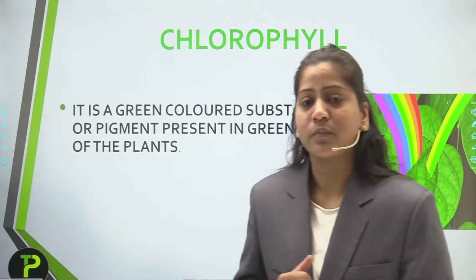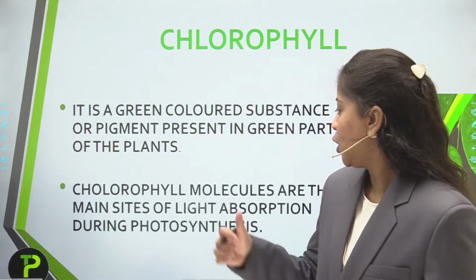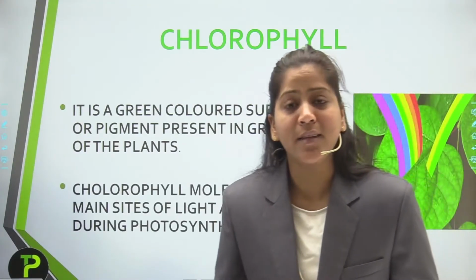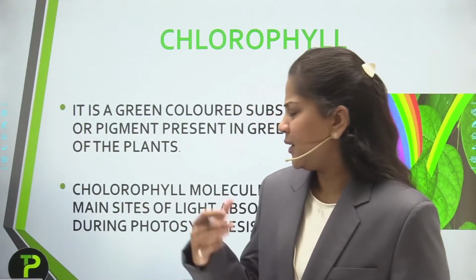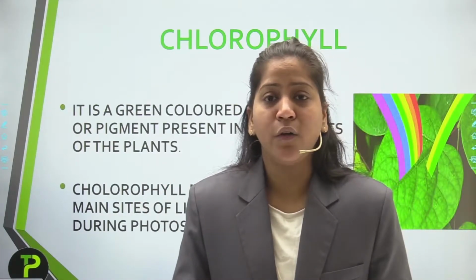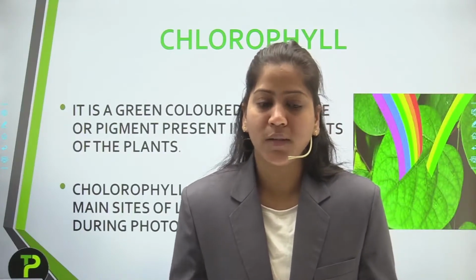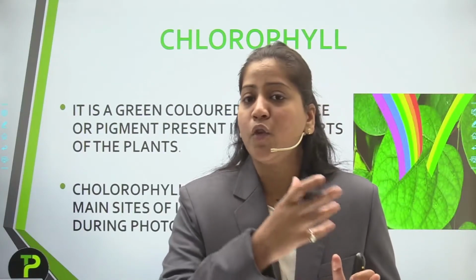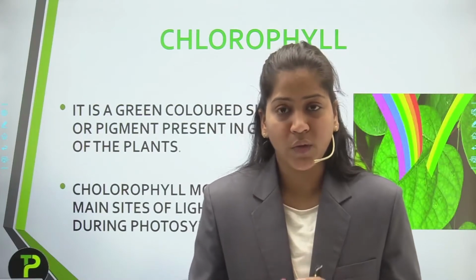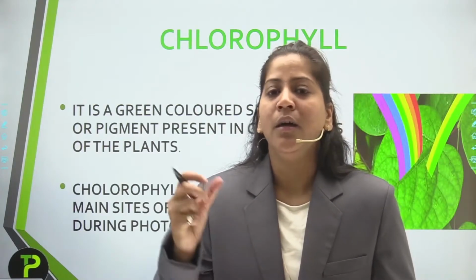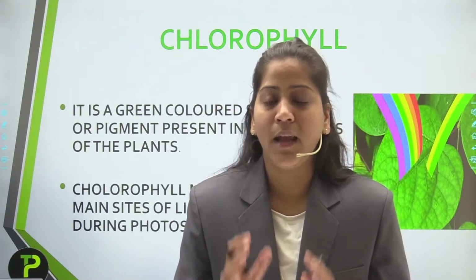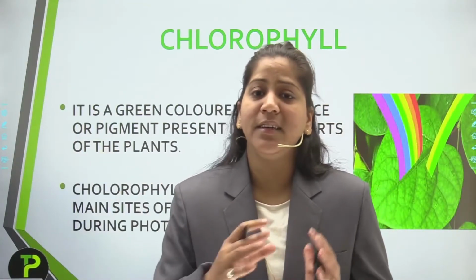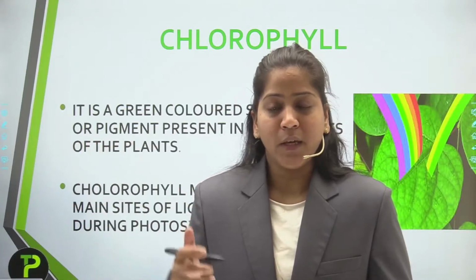Next, chlorophyll molecules are the main sites of absorption of light. Why is that? Because during photosynthesis, plants need sunlight for making food.